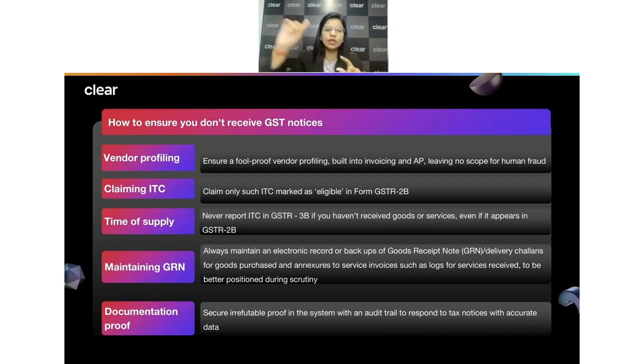This is the amount which is going to sit in your electronic credit ledger. If you have claimed extra in 4C, you have to pay interest on it. So 4C is very relevant because this is going to sit in my electronic credit ledger. Then comes 4D, which is for declaration purposes, and there are mainly two parts over there.